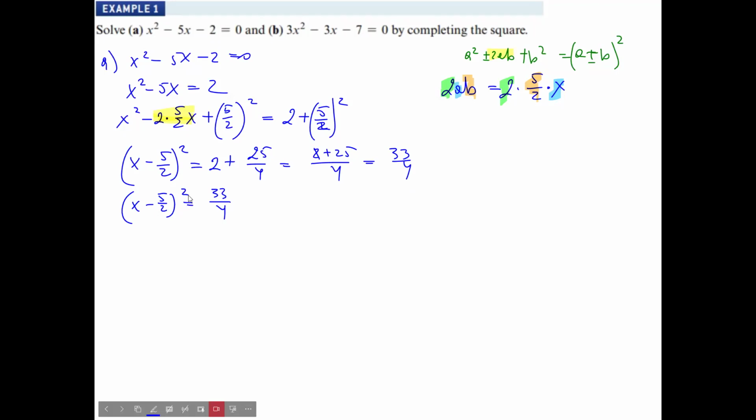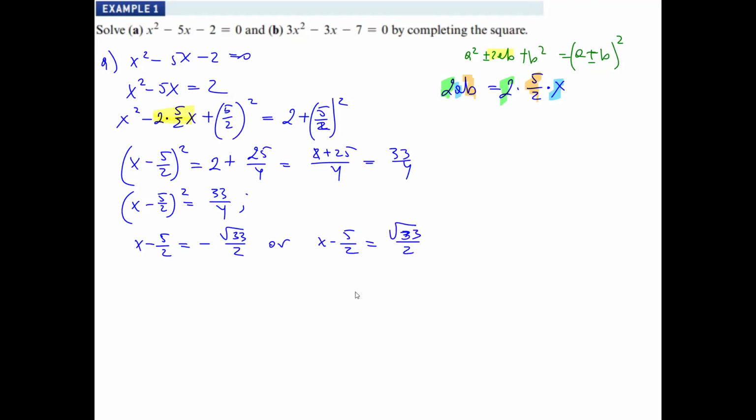Now, I have something in square here. I take the square root from both sides. Let me go this way. Do I have a page? Oh, I have a page. Thank you, Andrew. So x minus 5 over 2 equals plus or minus the square root of 33 over 4.